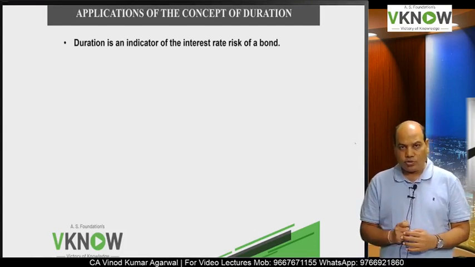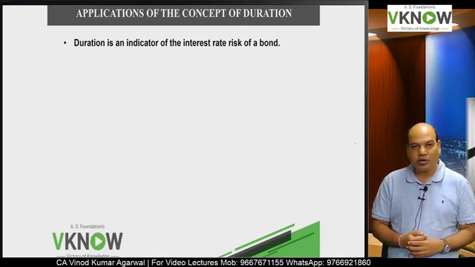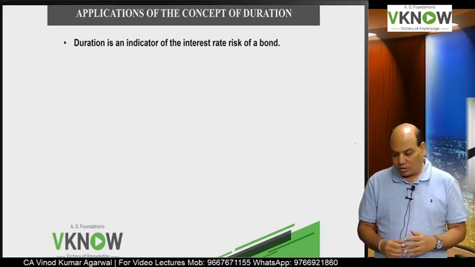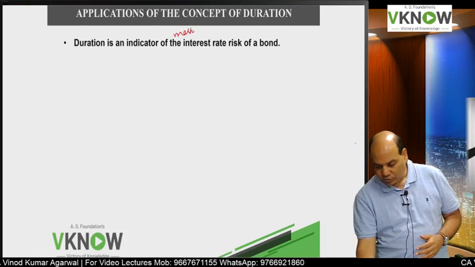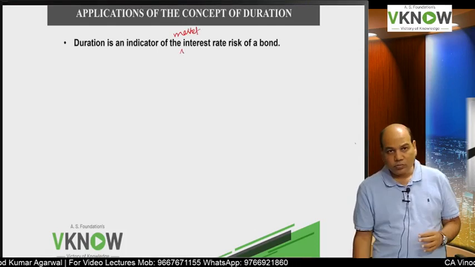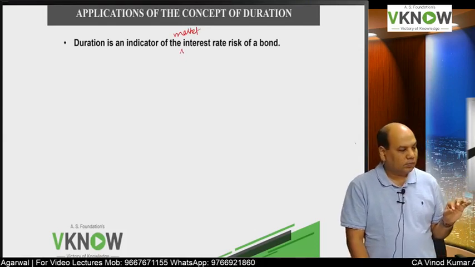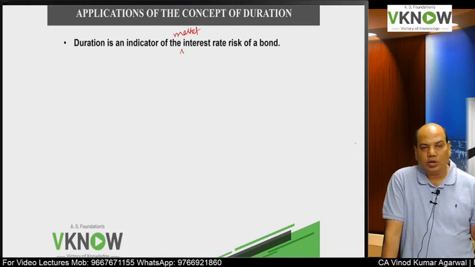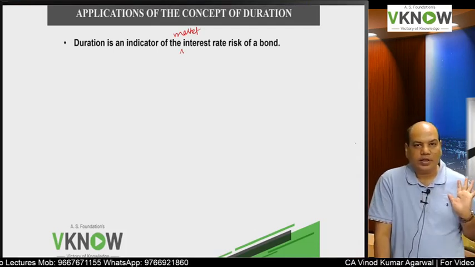So first thing you should know, duration is an indicator of interest rate risk of a bond. Duration indicates the market interest rate risk, which means higher the duration, higher will be the risk for a given change in the YTM.